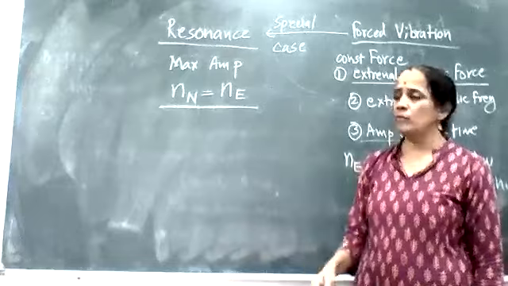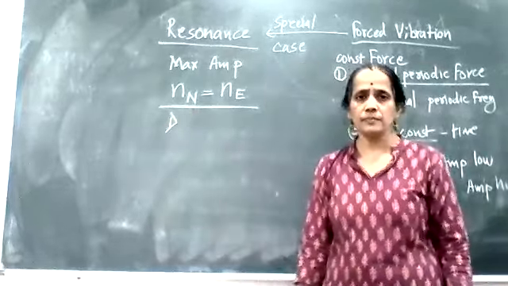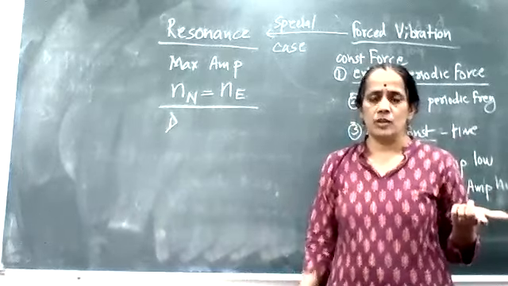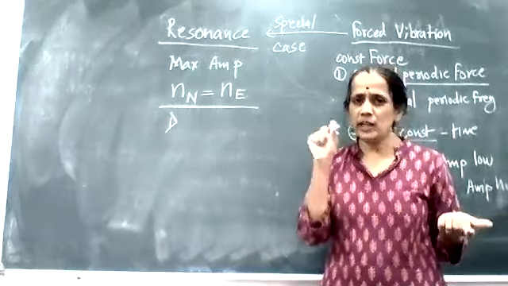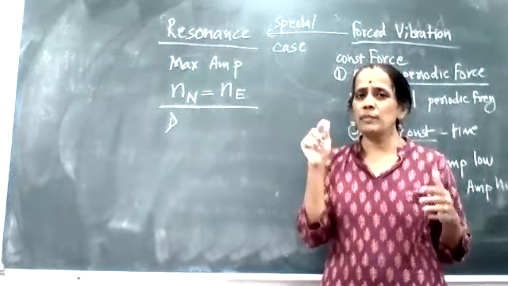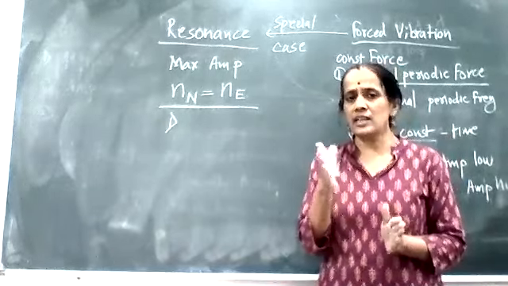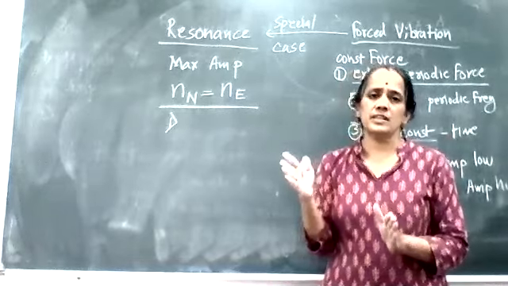Now what is an example of this resonance? The famous example of resonance is the tuning of radio stations. When you are tuning the radio station button, at one particular moment only I am getting clear and louder sound. If my station varies slightly below or above, I am not getting the clear sound.